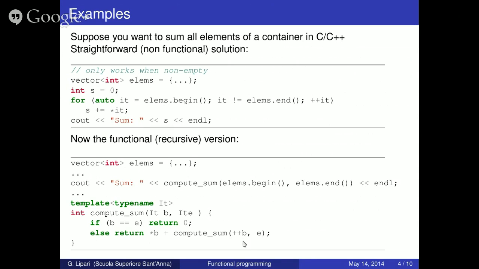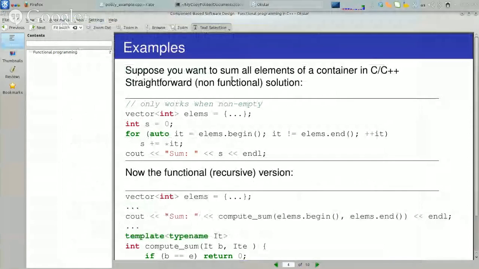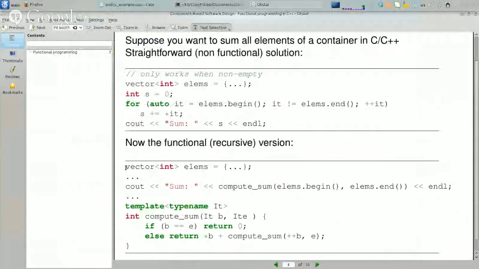Actually, here I should not do plus plus b. I was wrong. I should do b plus 1. So I should not modify b, actually. Actually, this is also undefined. So I made a big error, sorry. So this should be written like this, sorry.